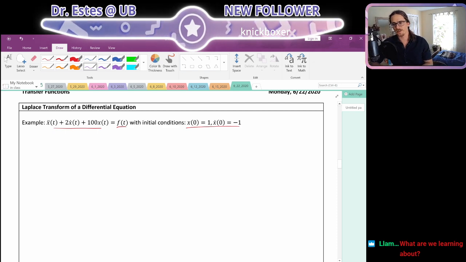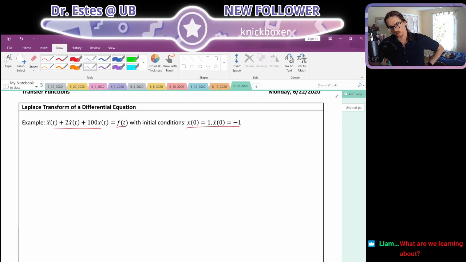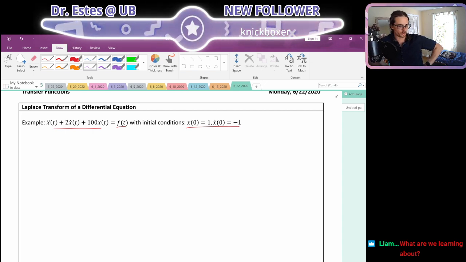Llama with memory loss says, what are we learning about? We are learning about transfer functions today, which are a very important topic in system dynamics. We use it for mathematically modeling physical processes.